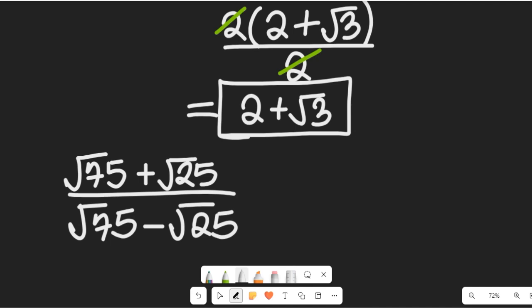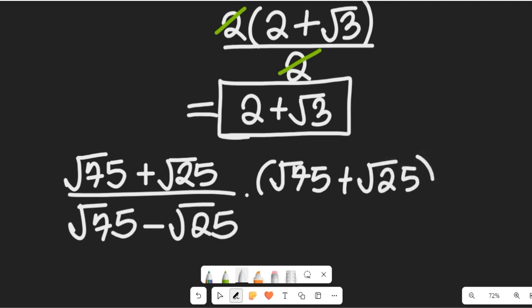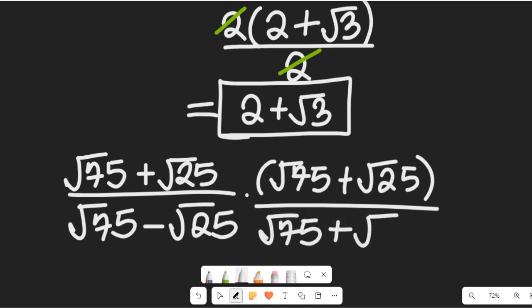So if we consider this by multiplying both sides by the conjugate, which is the square root of 75 plus the square root of 25, divided by the square root of 75 plus the square root of 25.